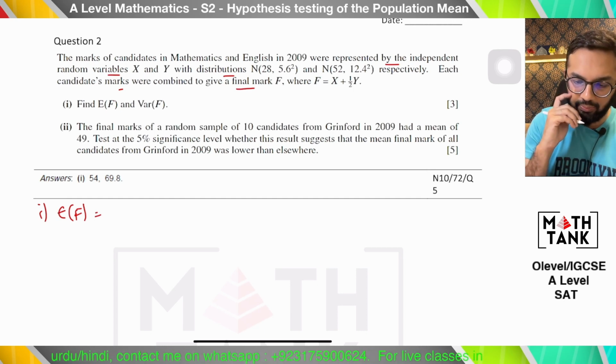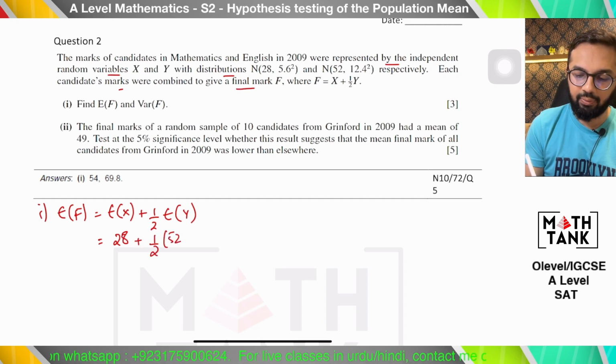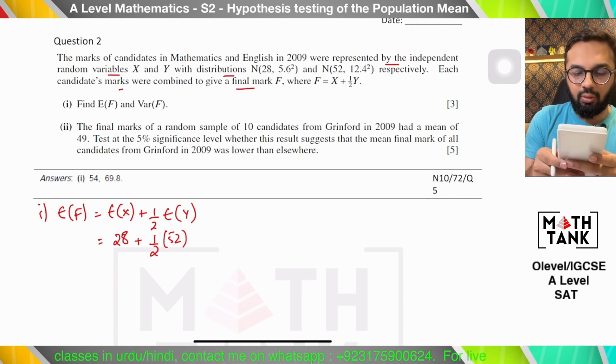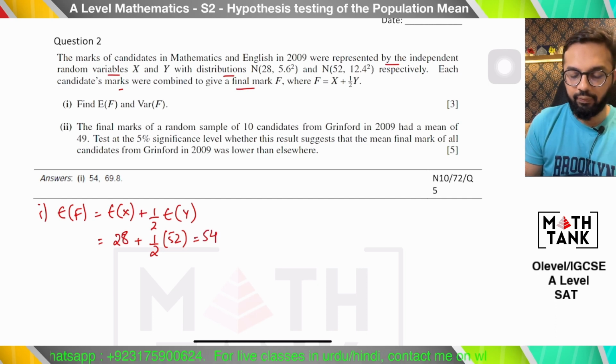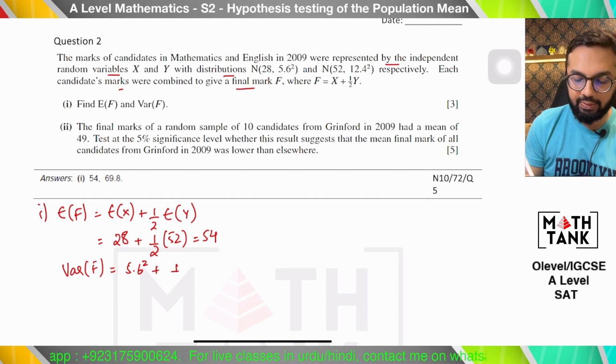Okay, so the expected value of f is basically expected value of x plus half of expected value of y. So I get 28 plus half of 52, 54. Okay, variance of f is variance of x plus half squared variance of y.